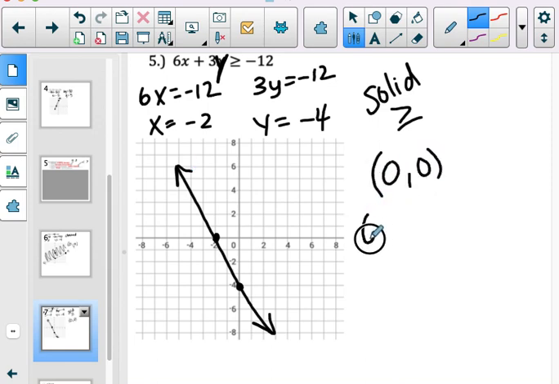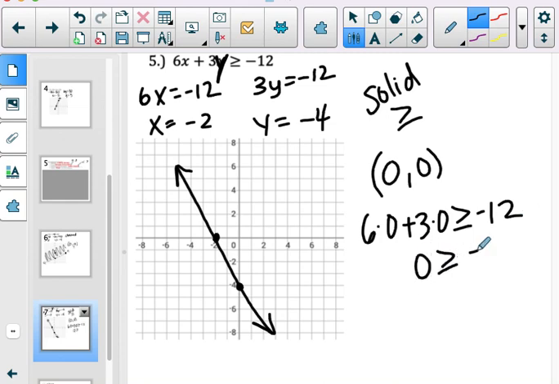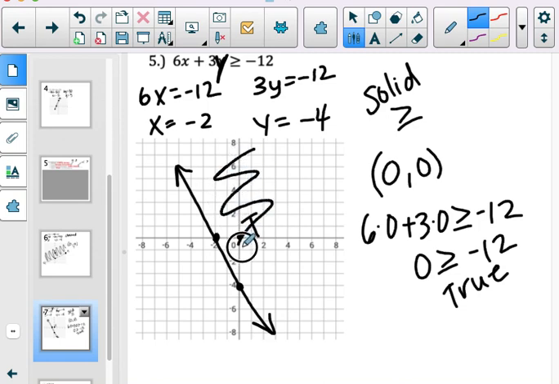What we're doing here is 6 times 0 plus 3 times 0, and we want to know, is that greater than negative 12? Is 0 greater than negative 12? Yes, it is. So that's true. Find 0, 0 and put a T on it and shade that side of the line. Again, if that ordered pair is false, then we will shade the other side of the line.